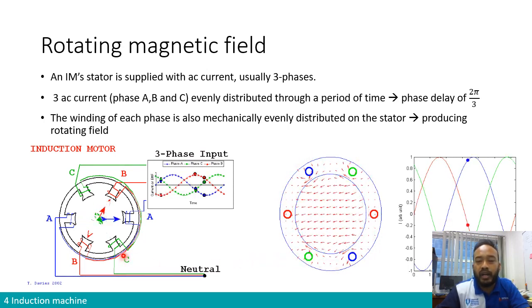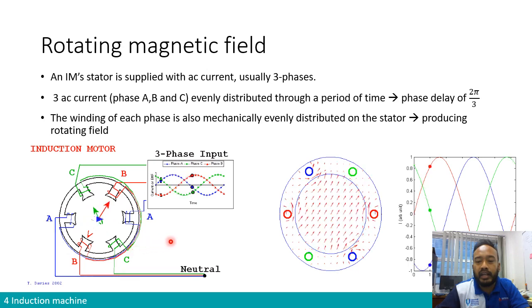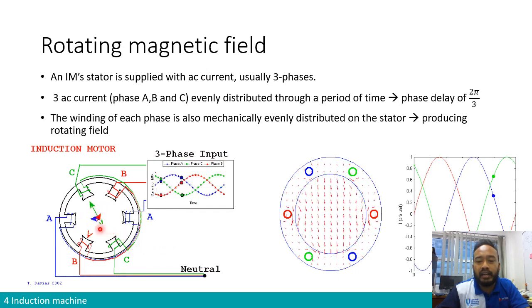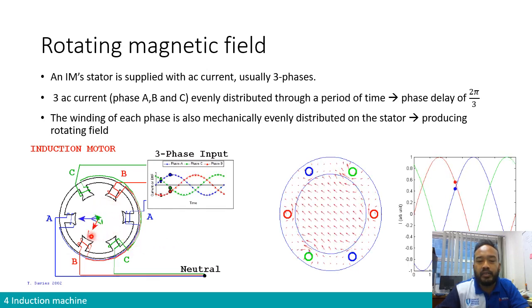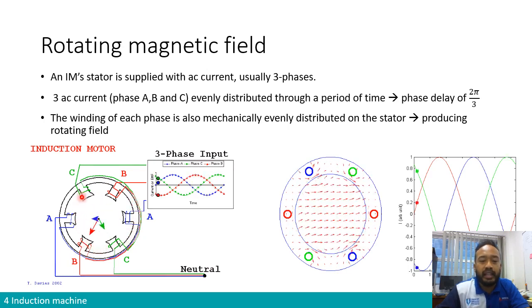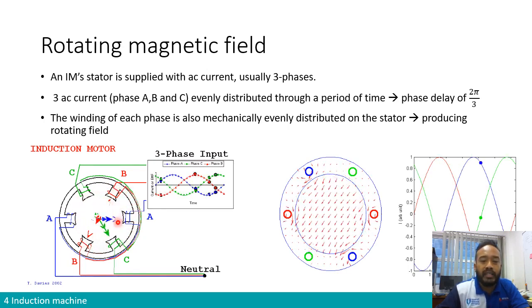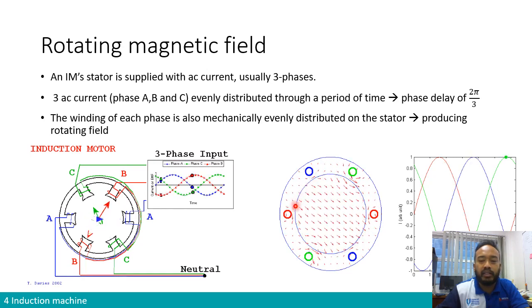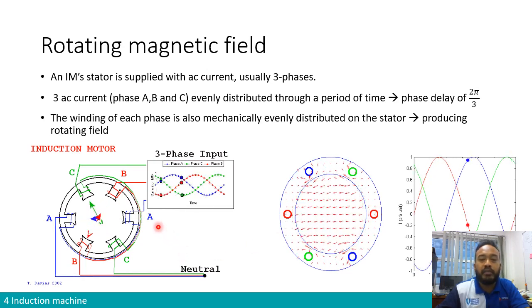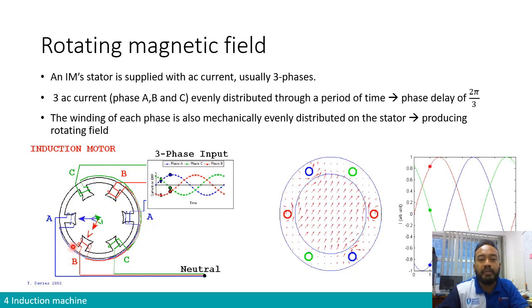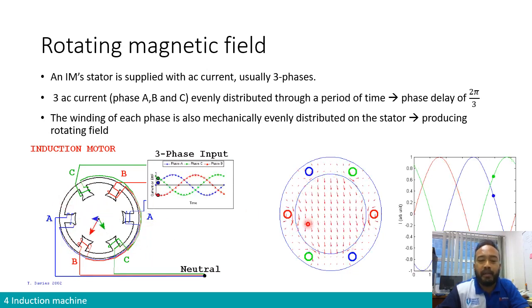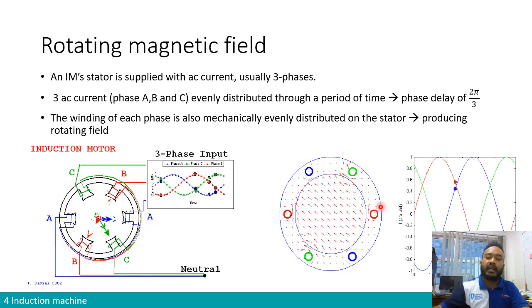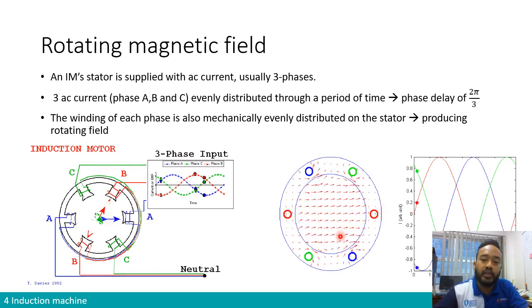So if you look at the vector here, this one is rotating in the clockwise direction, and this one is rotating in the counterclockwise direction. So if you invert the arrangement of ABC, what happens is just that the direction of the rotating magnetic field changes.